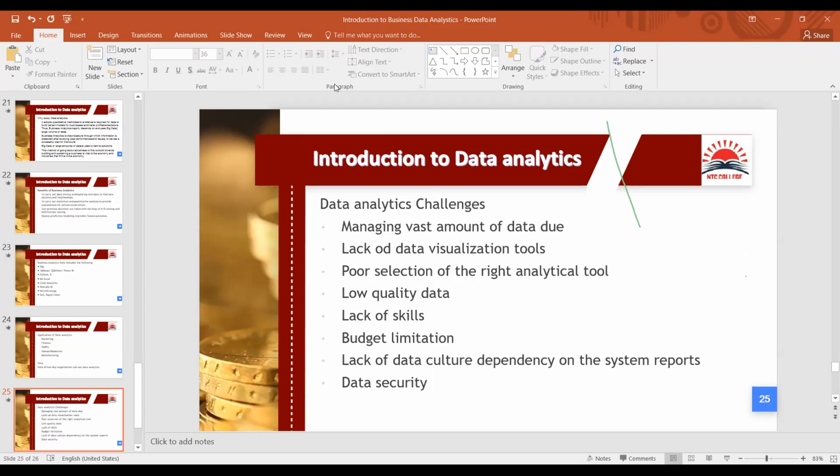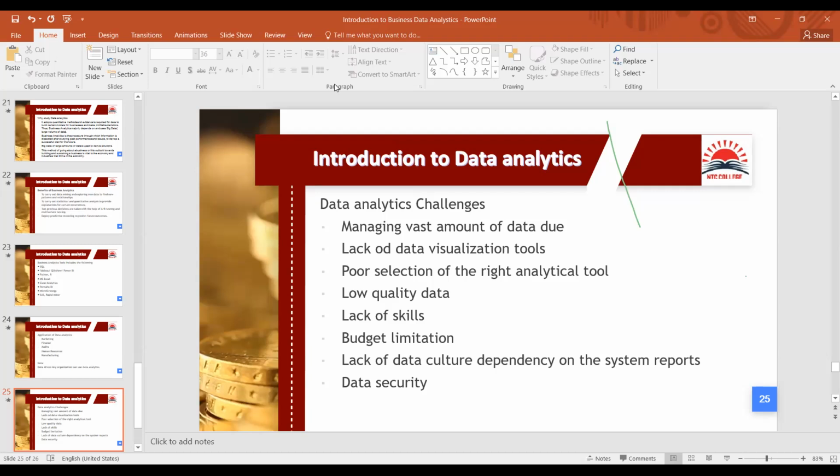But if you're given data in raw figures, then it will not be easy for you to do the interpretation. Probably you might need to subject the same data to some sort of analysis. Probably you sort it in ascending order, or you filter it so that you make insight. But once you have the data analyzed, and you have data visualization tools like MS Excel, then you'll be able to make more insights on that.